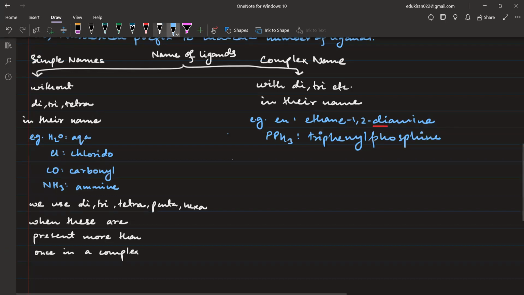Okay, so when you have these type of things, then in these cases we use bis for 2 if they are present 2 times, tris if they are present 3 times, and tetrakis if they are present 4 times.